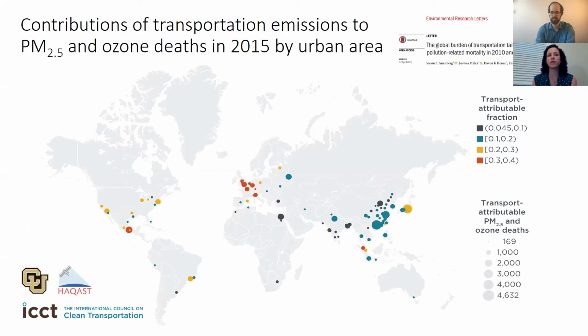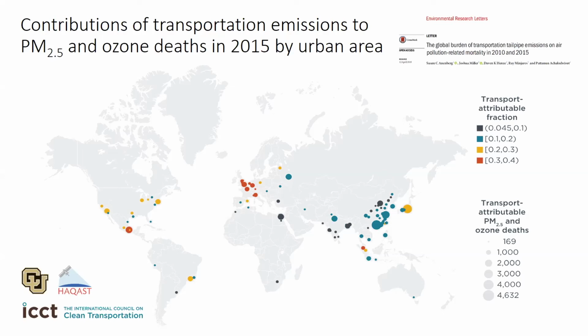And for this stakeholder, they were interested in understanding what is the total burden of disease from air pollution that comes from transportation tailpipe emissions. So we did this analysis estimating the global burden of transportation tailpipe emissions on air pollution related mortality in 2010 and 2015, using satellite observations of aerosol optical depth to understand how PM2.5 levels vary within the very large grid cells of global scale chemical transport models.